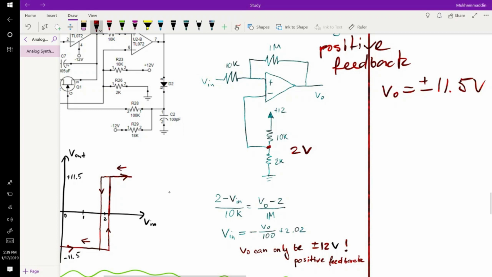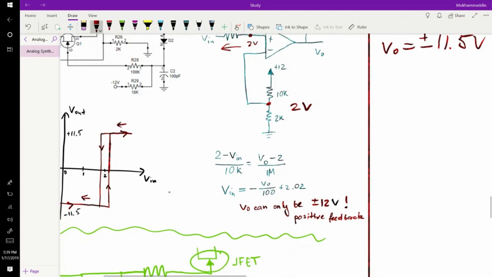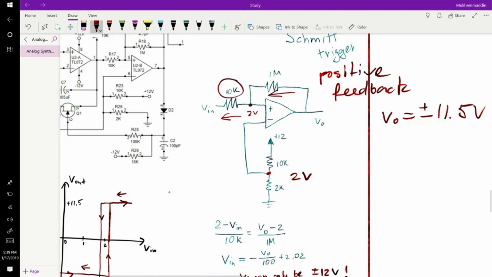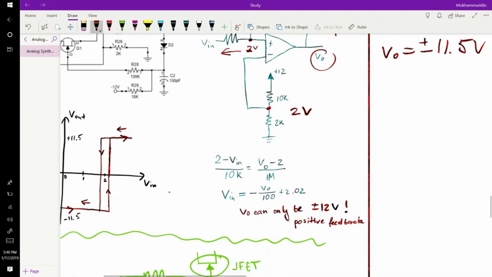So we have 2 volts here, which means we have a virtual 2 volts here as well. That's why the current flowing in this direction will be the same as the current flowing in this direction. So (2 minus V in) over 10K is equal to (VO minus 2) over the 1 megaohm resistor.